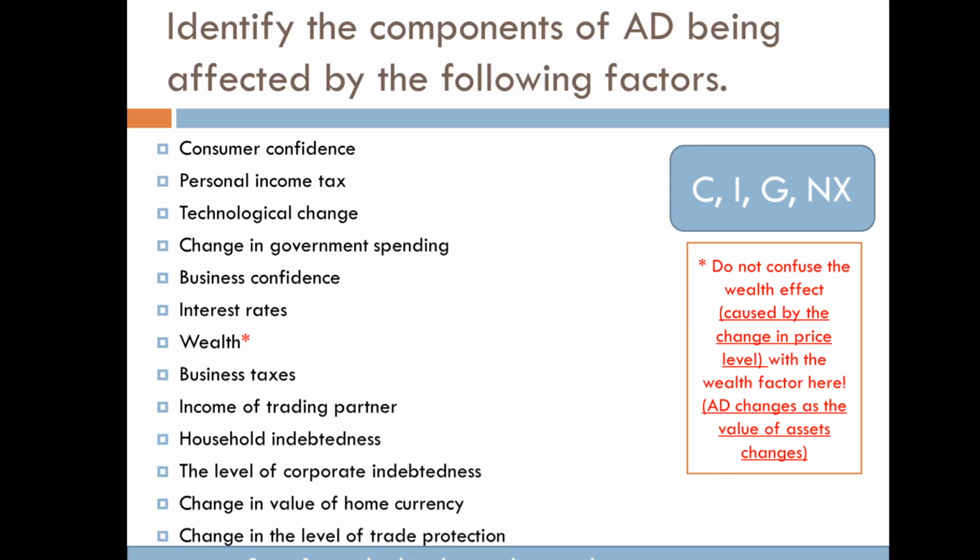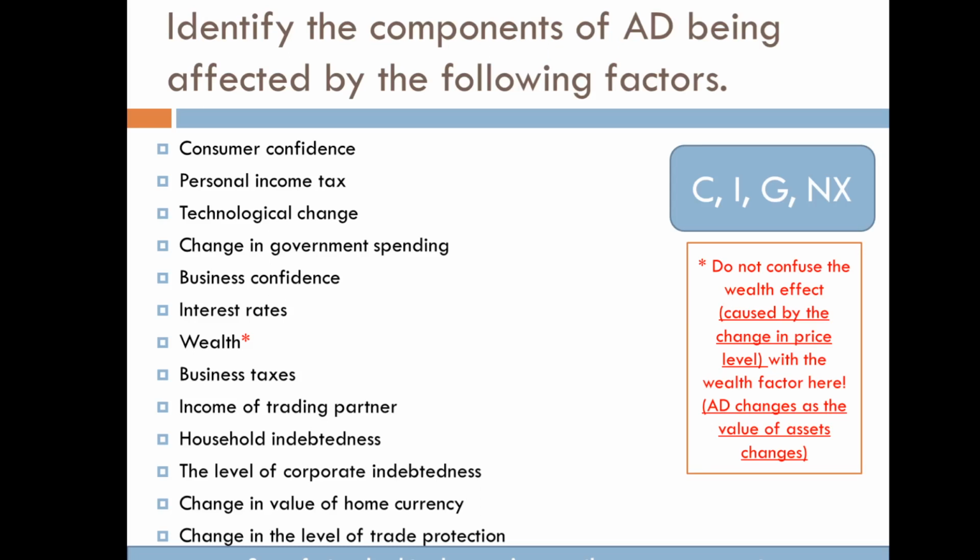I like the answer. So thank you, Kirsty. Just like that. When there's a change in personal income tax, your consumer AD will be affected as well, because it's changing your preferences when you are spending on goods and services.